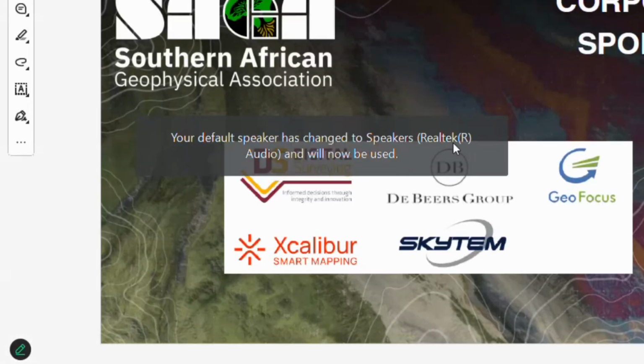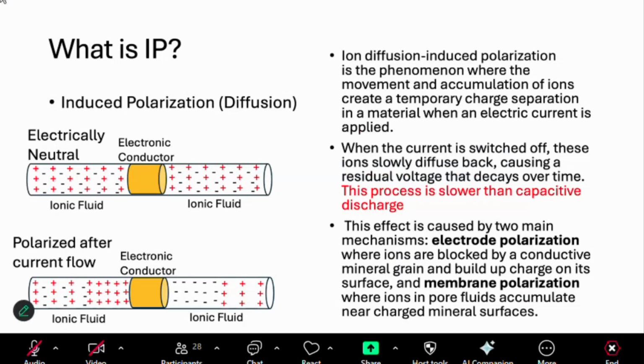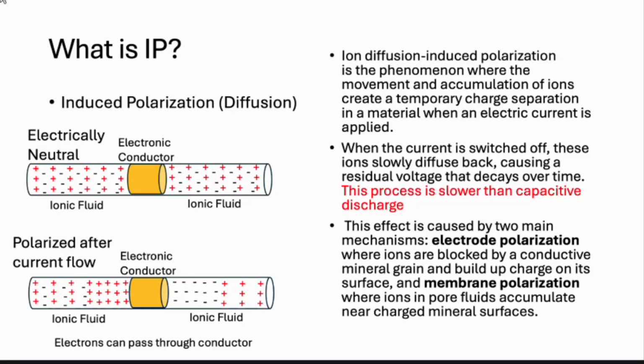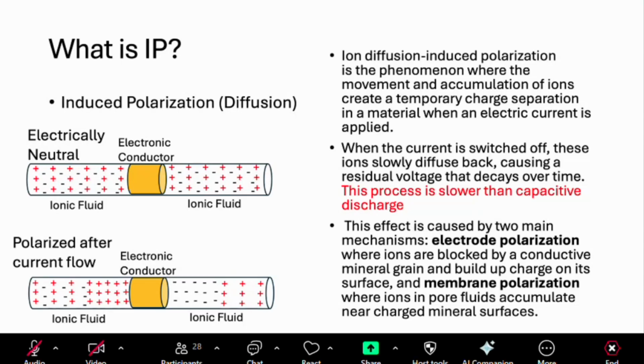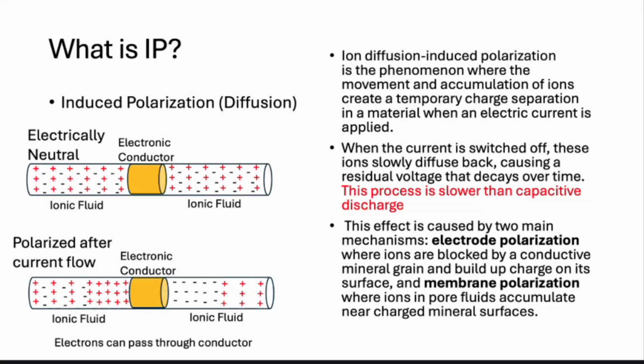The side of the conductor that's negative will attract positive ions from the fluid. And so you get an excess of positive and negative ions on each side. So the ion diffusion is slower than a capacitive buildup. And this process can happen two ways.